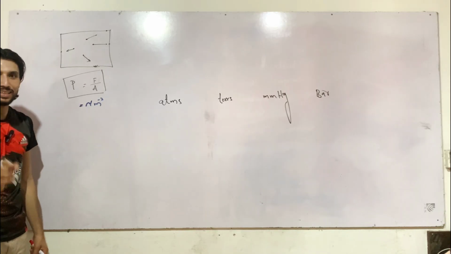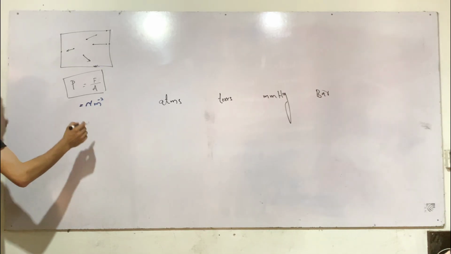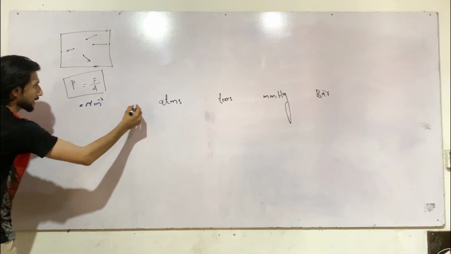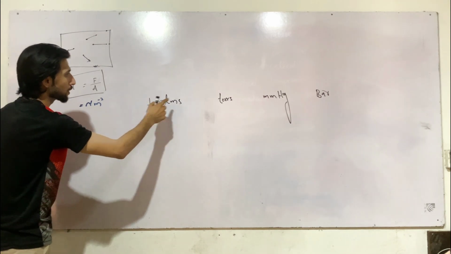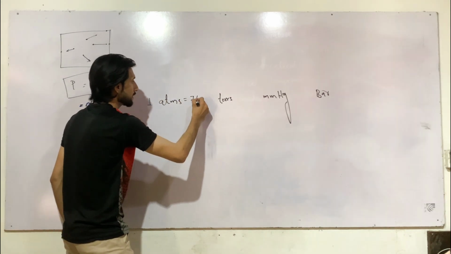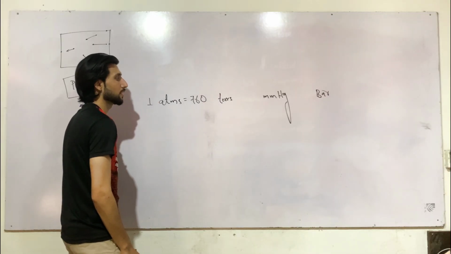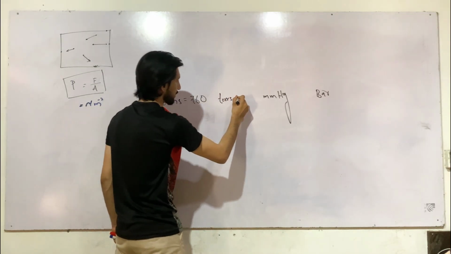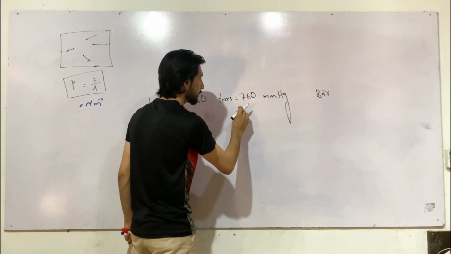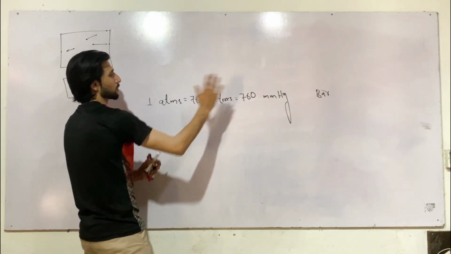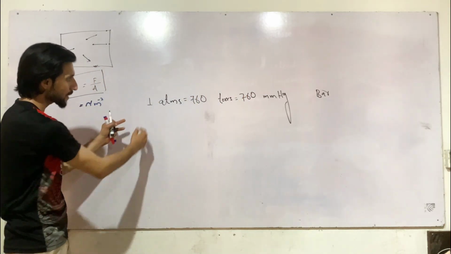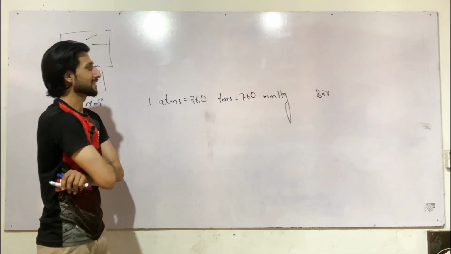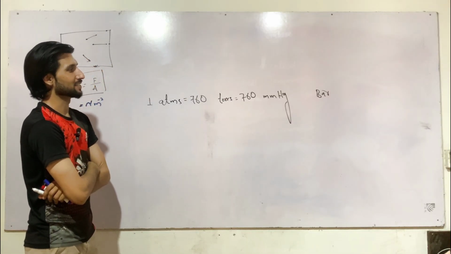And I must tell you that 1 atm equals 760 torrs, and those 760 torrs are equal to 760 millimeters of Hg. It means one torr equals 1 millimeter of Hg, and 1 atm equals 760 millimeters of Hg.